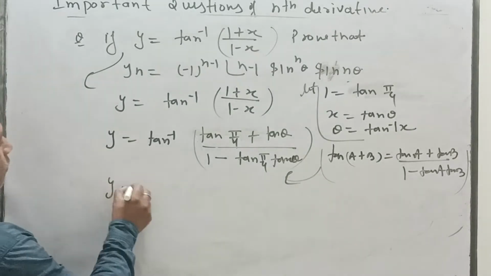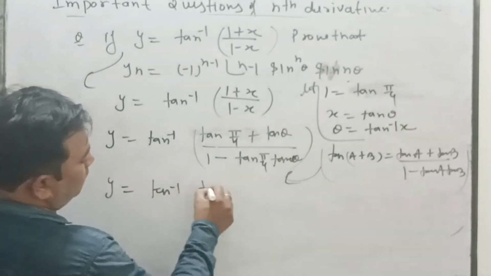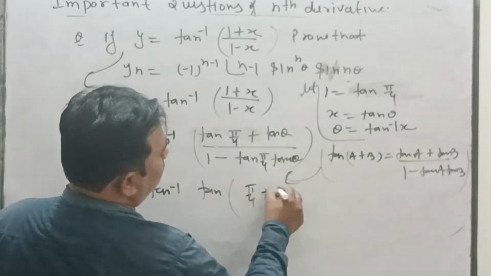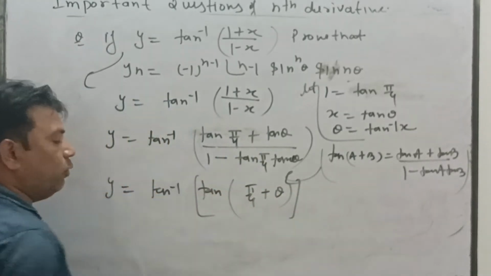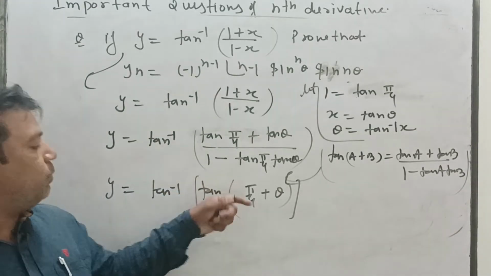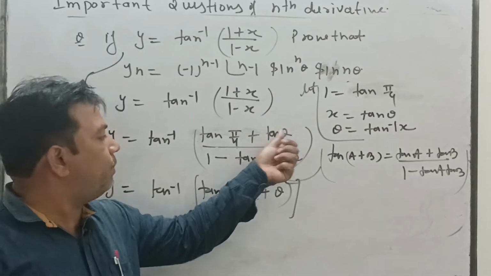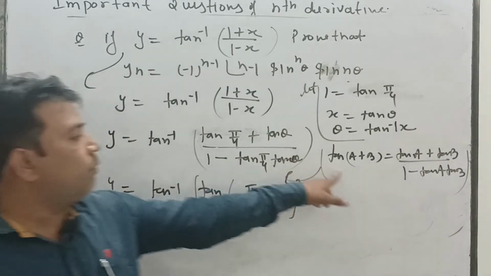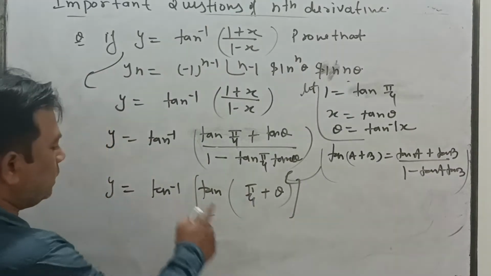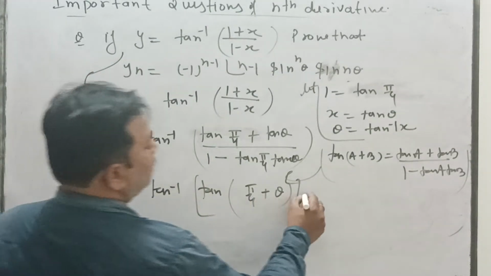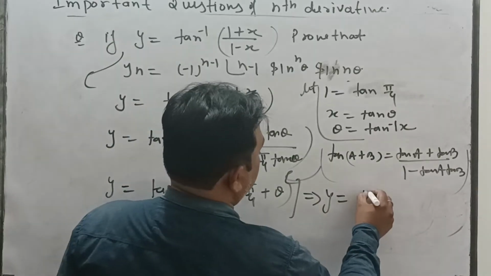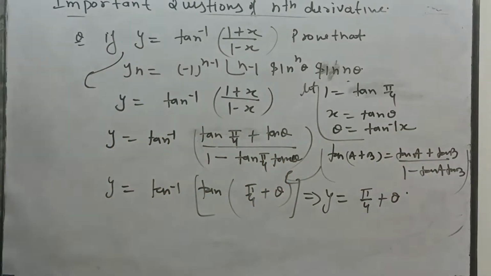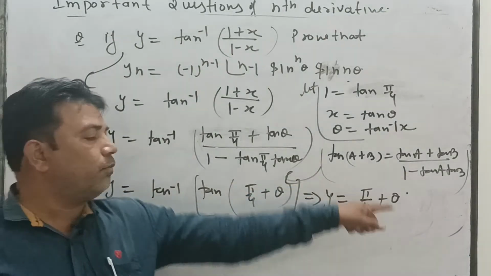So y equals tan inverse of tan of (pi by 4 plus theta). The tan and tan inverse cancel out, so y equals pi by 4 plus theta. Understand all of you?